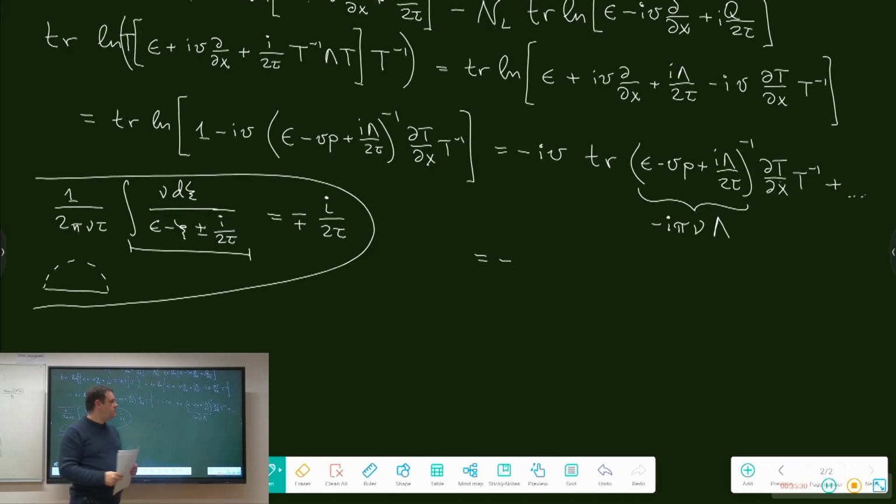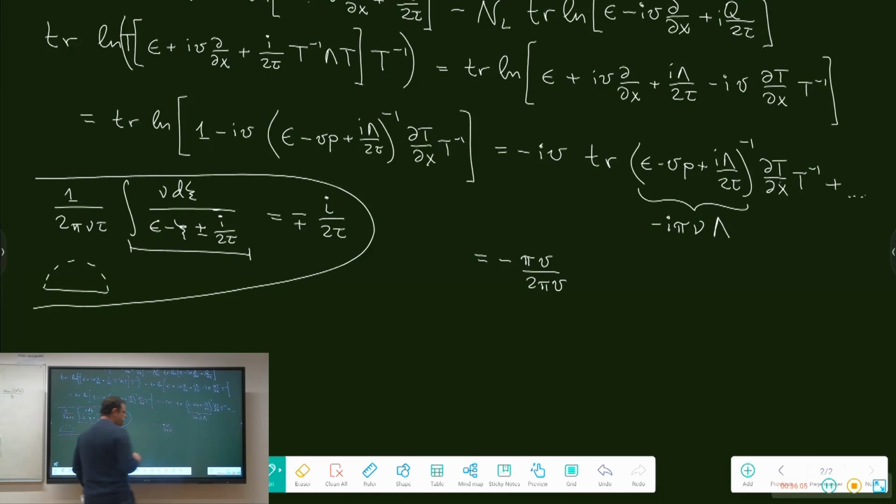What is nu? nu is actually 1 over 2 pi v, because I don't have summation over channels in this integral. It's just the momentum integral. The number of channels was taken out already earlier. So this is just the real space integral, just dp. So what I have here is minus pi v, and then nu is 1 over 2 pi v.